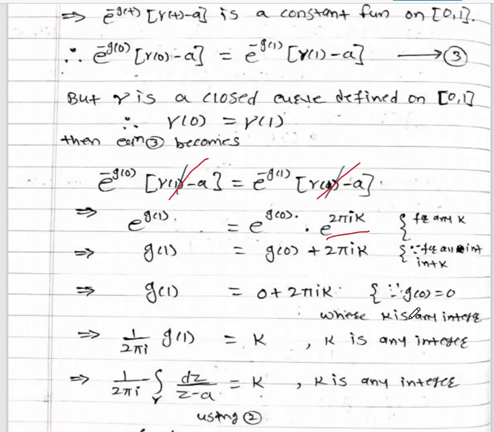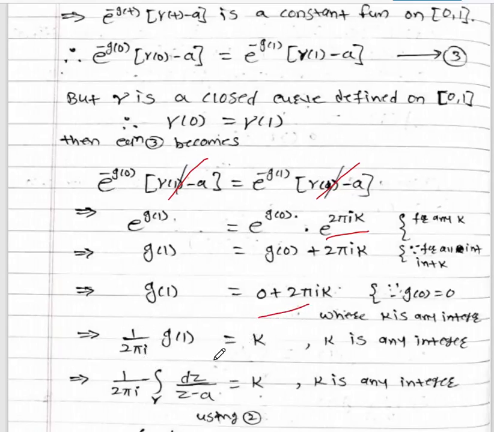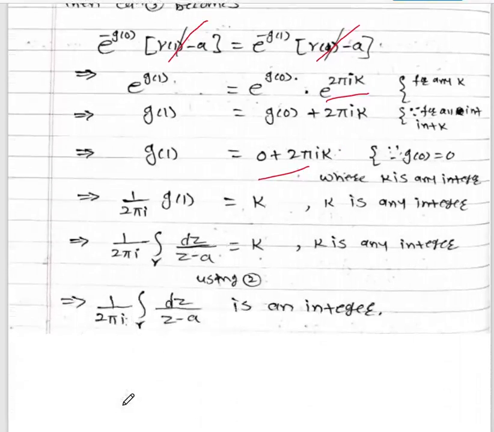Okay, so here k is any integer, so therefore 1 upon 2 pi i, we can transfer this term here: 1 upon 2 pi i into g of 1 equal to k, where k is an integer. So 1 upon 2 pi i integral over gamma dz, put the value of g of 1, integral over gamma dz upon z minus a equal to k, where k is an integer.